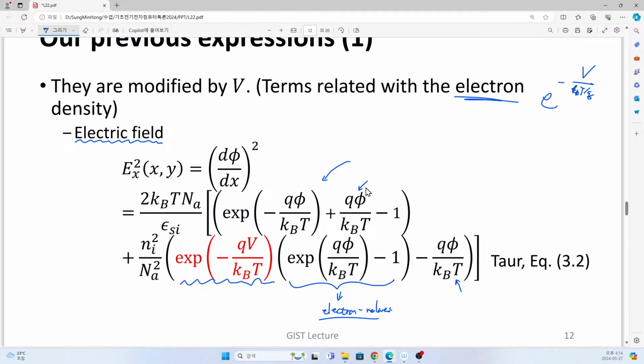So simply speaking, even in this two-dimensional system called a MOSFET, not this MOS capacitor, but a MOSFET, in the expression for vertical electric field, please note that this is a vertical electric field, and this is just a modified version of our MOS capacitor expression.